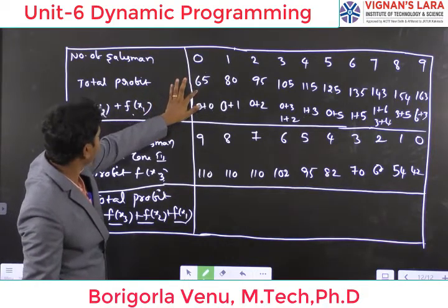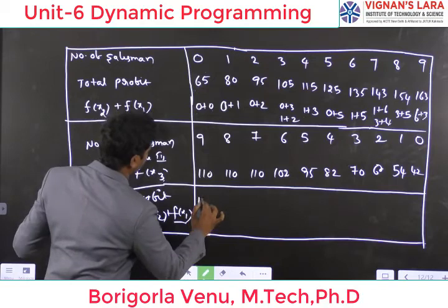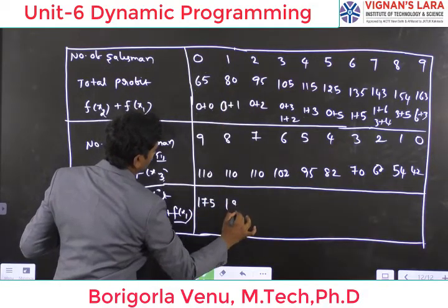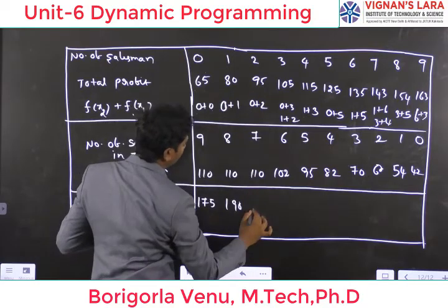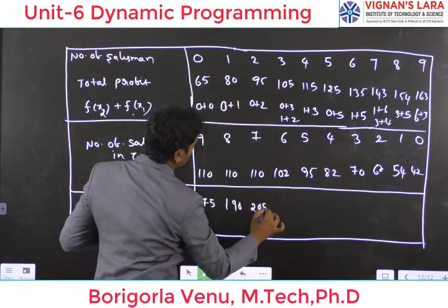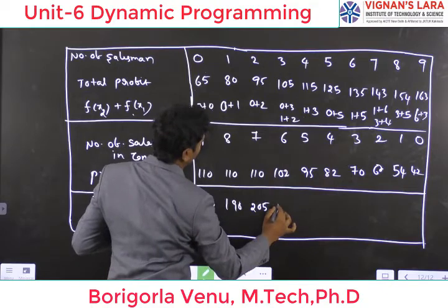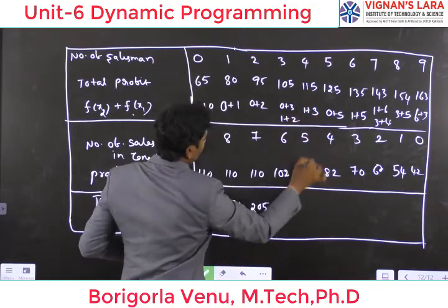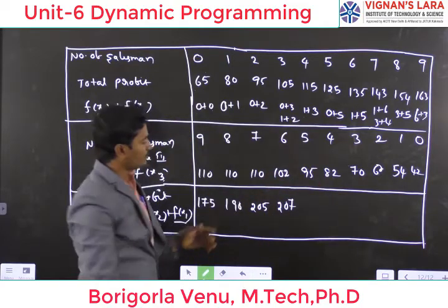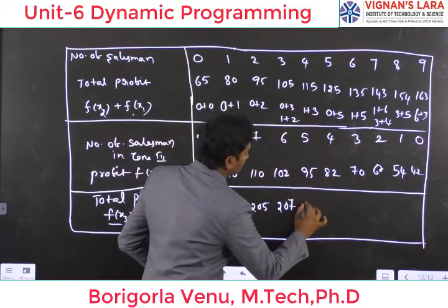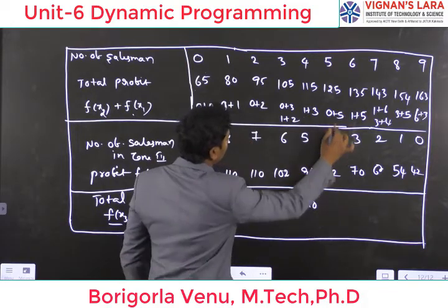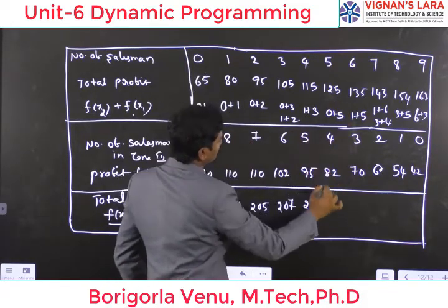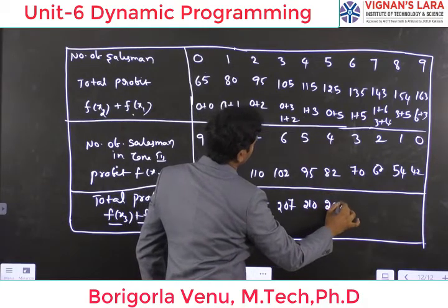Here 110 plus 65 is 175, 110 plus 80 is 190, 110 plus 95 is 205, and 102 plus 105 is 207. Then 115 plus 95, 120 plus 90 is 210, and 125 plus 82 is 207.